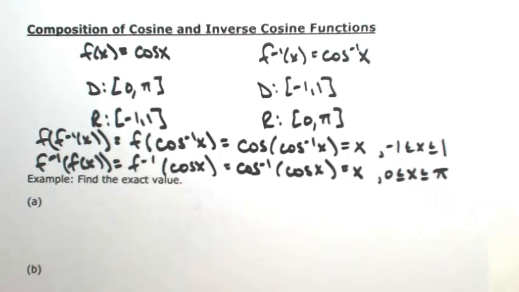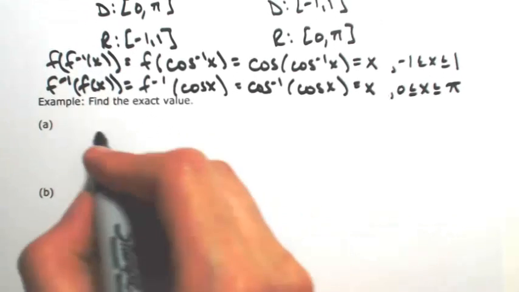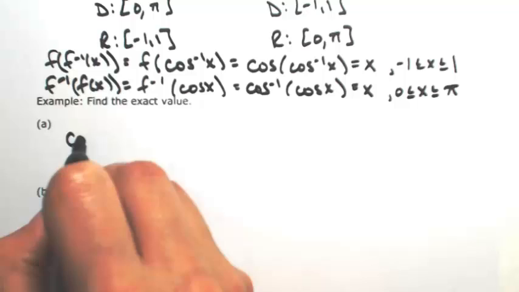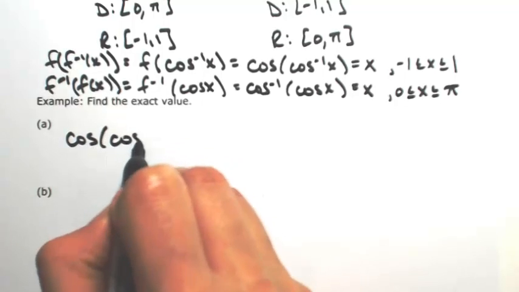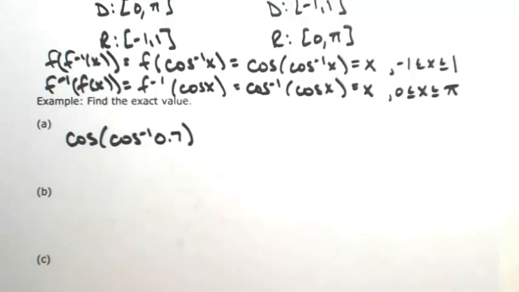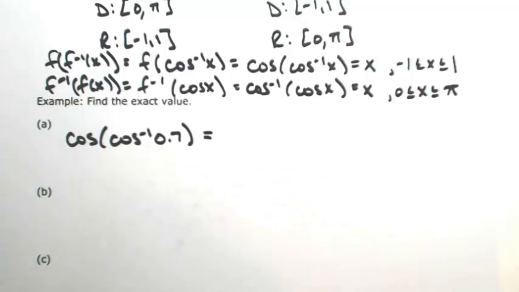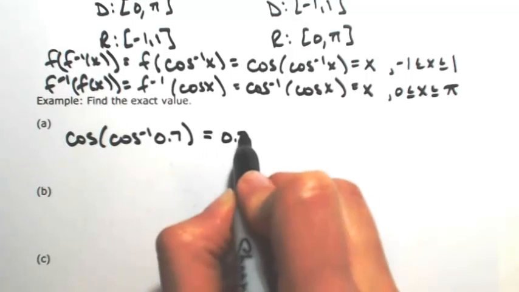So let's do a few examples with composition, making sure the domain is satisfied. So let's say we have cosine of inverse cosine of, let's say, 0.7. Since these are inverses, it would be really nice if they just undid each other, giving me back 0.7.